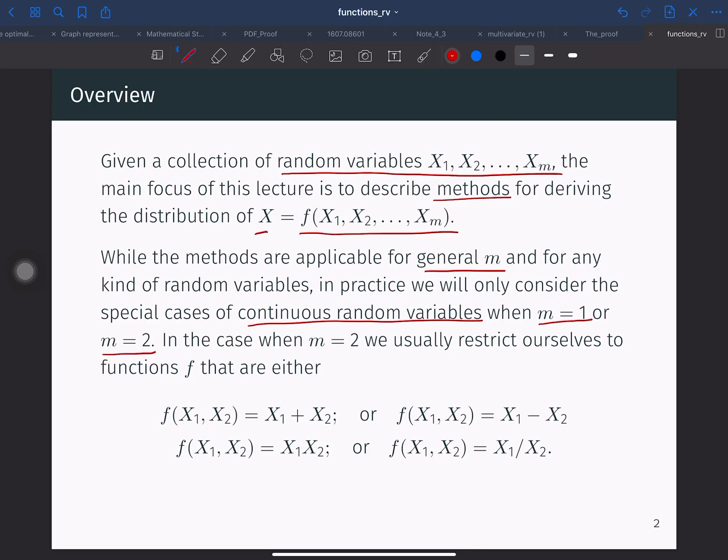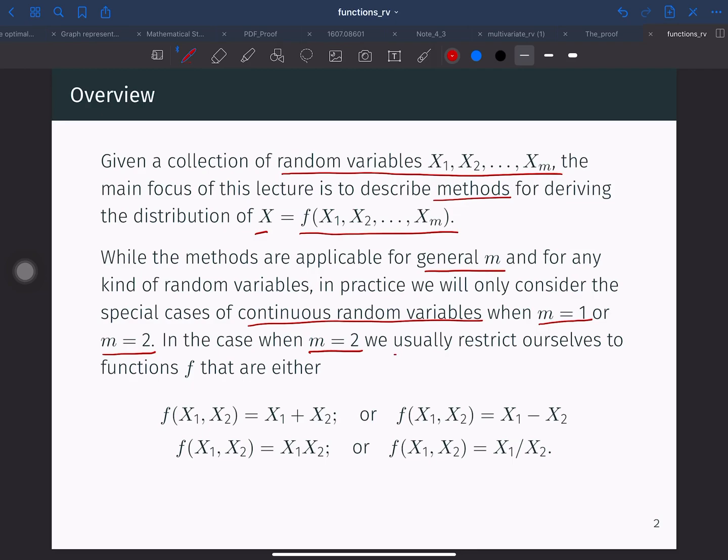The reason we talk about continuous is that in many problems, integration is technically a bit easier than summation. That may be surprising to you, but when you talk about functions of random variables, integration is a more general operation. In the case when m equals 2, we're even more restrictive.